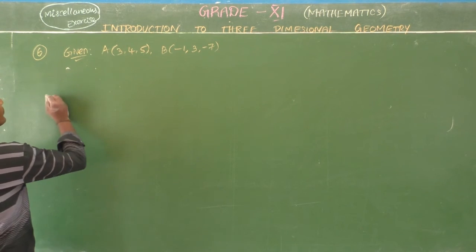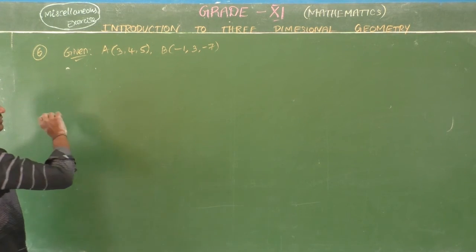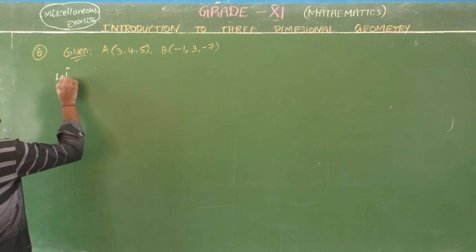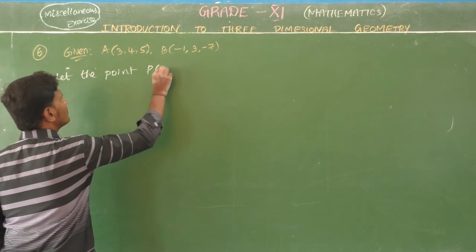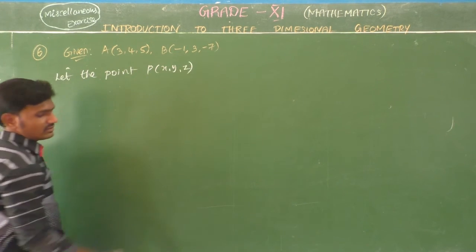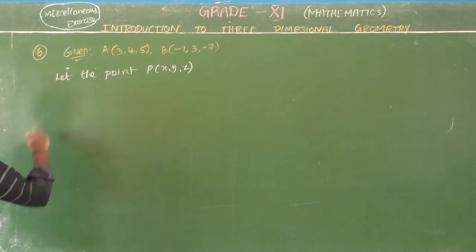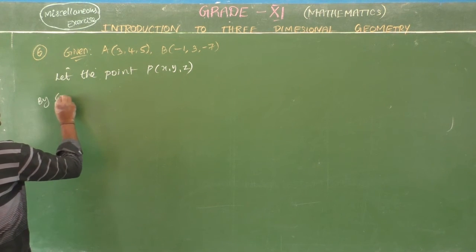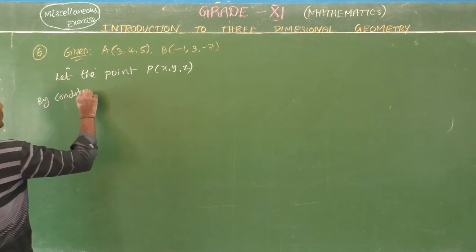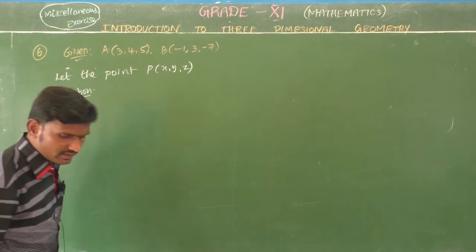Now listen. First we want to take P. So let the point P be x, y, z. Now by condition, what is the condition given?